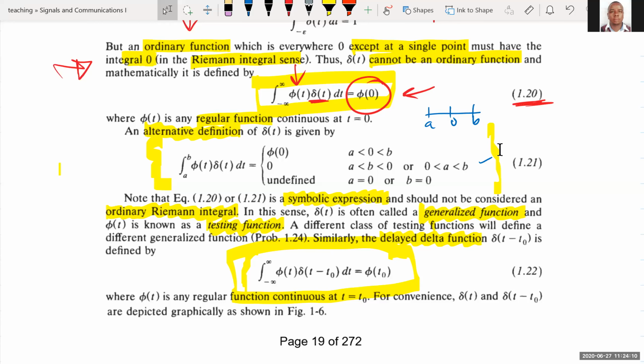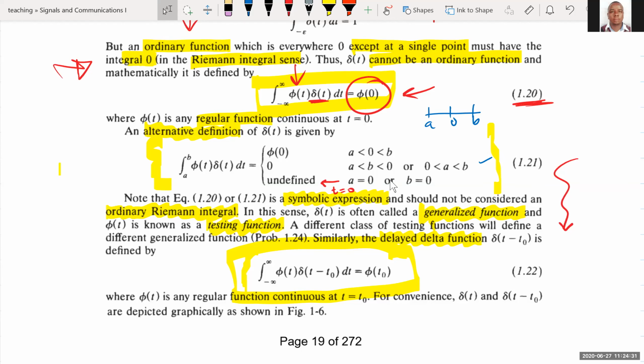We have an alternative way in which you can express the unit impulse function, which is expressed in equation 121. We are saying that it is not defined at time t equal to 0.